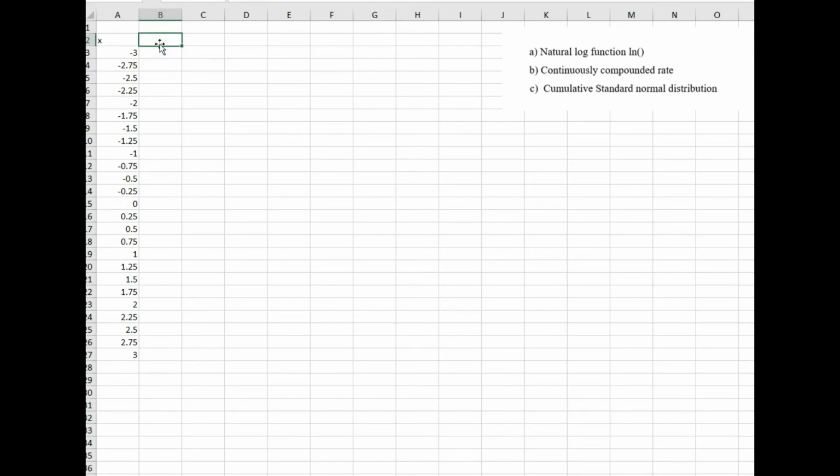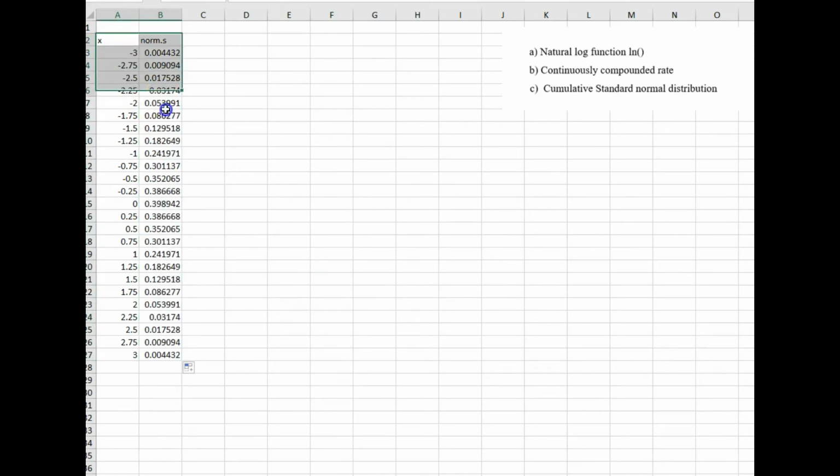So this is the density. The function is NORM.S.DIST, where S stands for standard. We enter the x value. The last argument is cumulative, so false means it's density. Let's try this one, density. We close it, and we copy and paste.